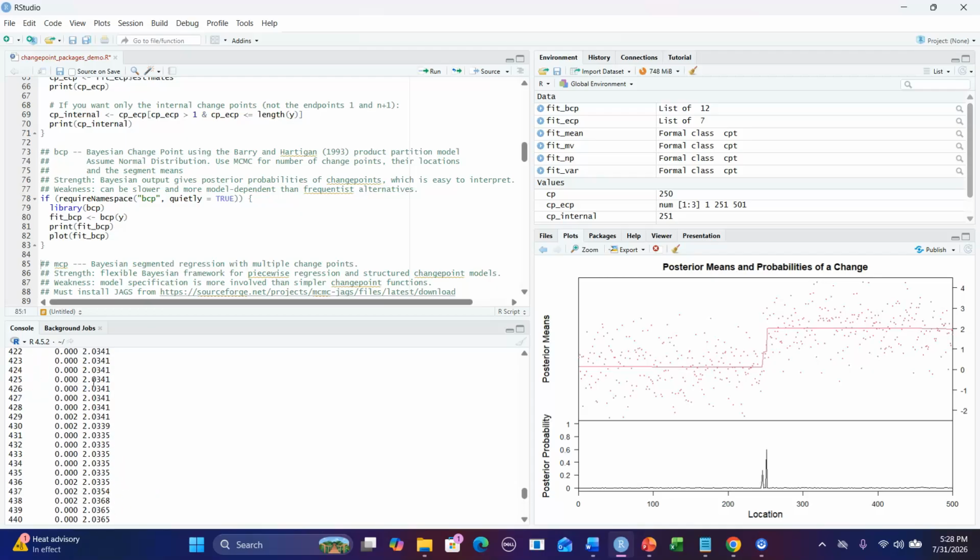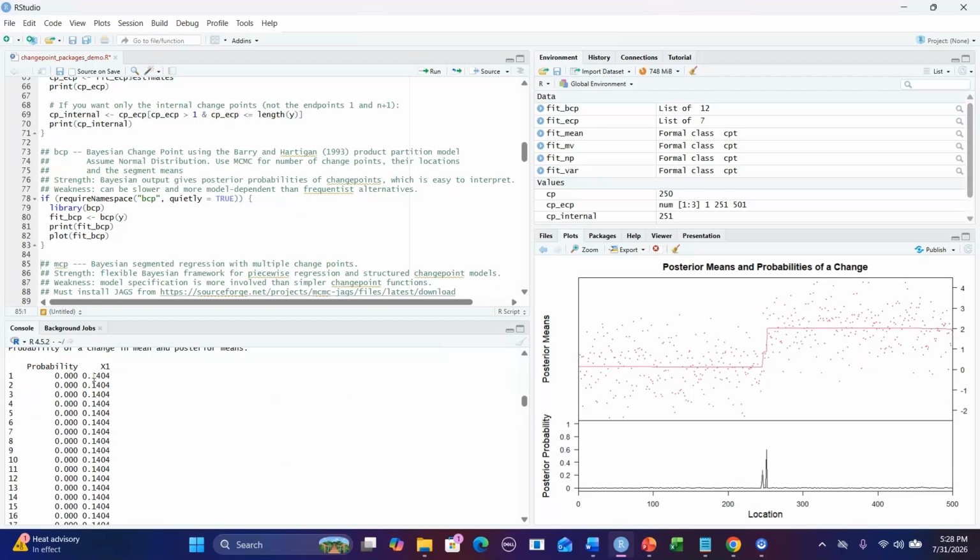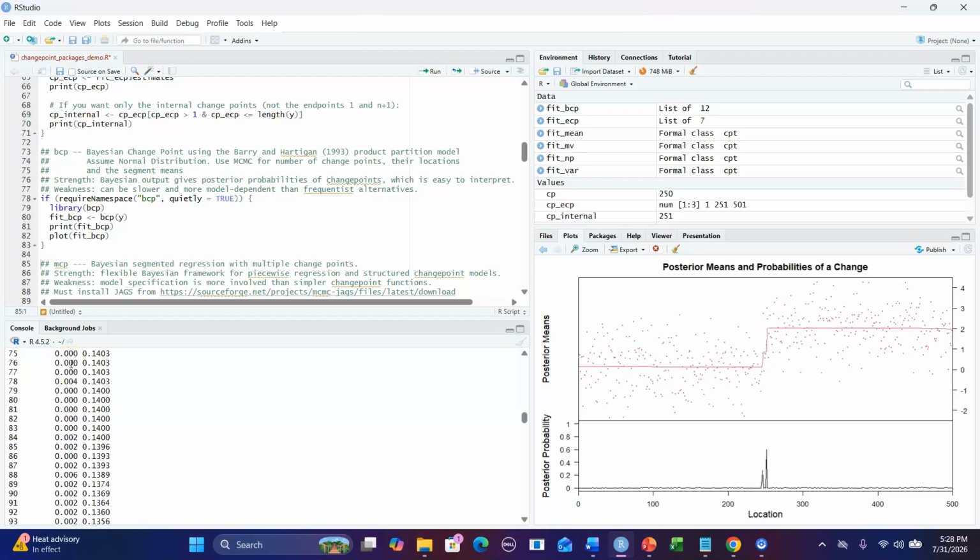The numerical output is a matrix printed out. The first column is the time point. The probability is the posterior probability of a change point. The x1 is the mean, the mean shift. If you go down, it's almost 0 until you hit 250. Going from 250 to 251, you get 0.598.